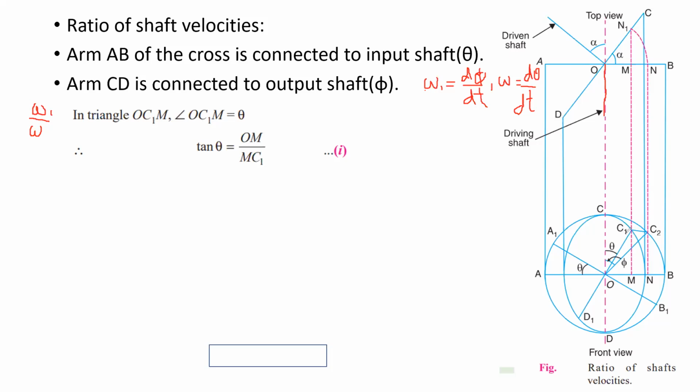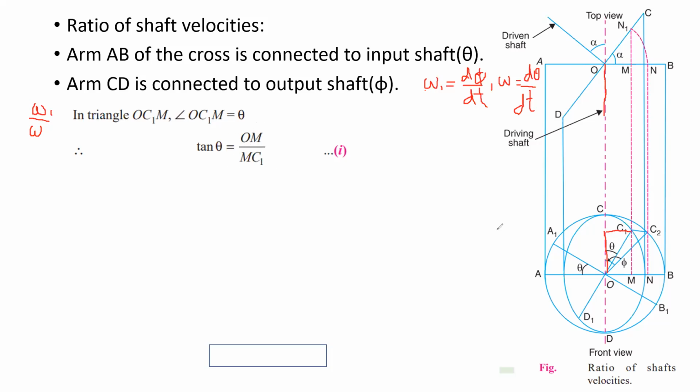Where is tan theta? Tan theta is this distance, OM, upon this distance. What is this distance? This distance is equal to C1M. So the equation is written as OM upon MC1. Getting this? Tan theta is the same.